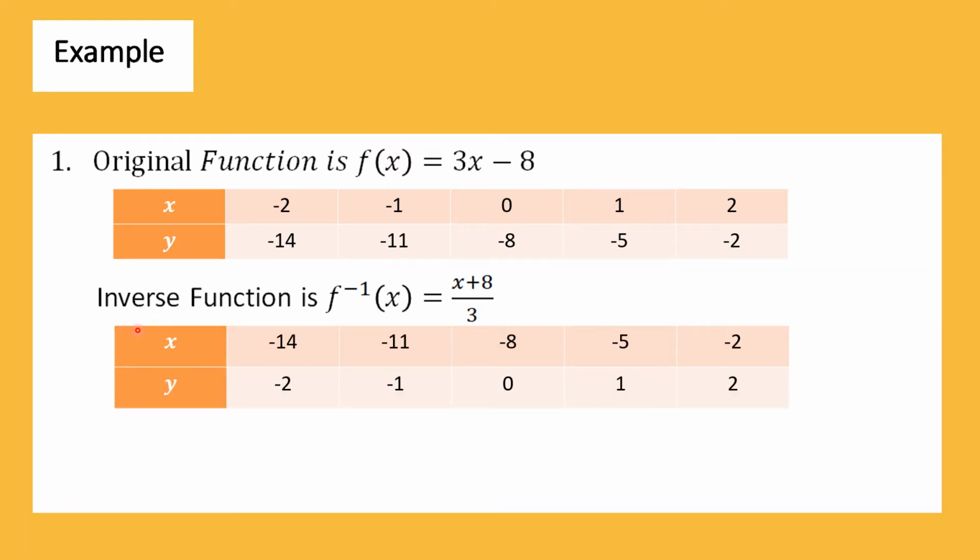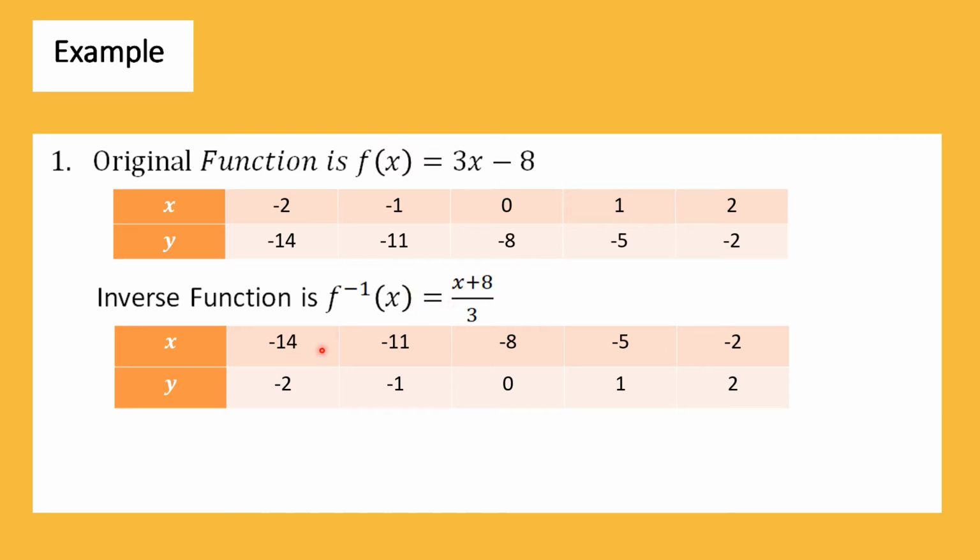Dito, ang gagawin natin na x or the dependent variable ay yung mga y netong ating given dito sa original function. So, ito yung negative 14, negative 11, negative 8, negative 5, negative 2. So, ito ang pampalit natin, pang-substitute doon sa x, doon sa given ng inverse function.